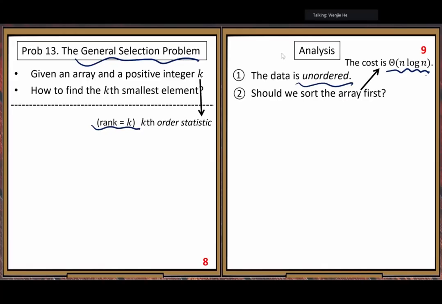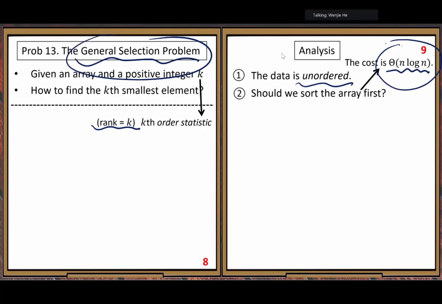But if you just want to find the fastest algorithm that solves the selection problem, you do not need to do this much work. This is more work than necessary. Why do you need to sort it? You do not have to sort it.